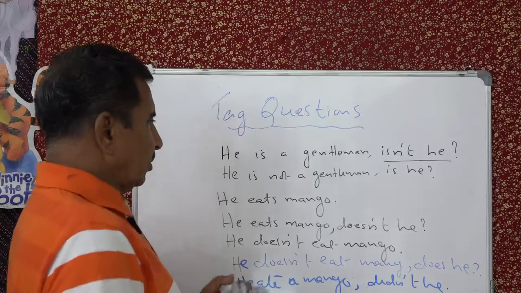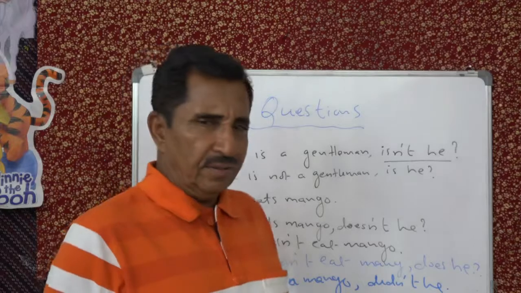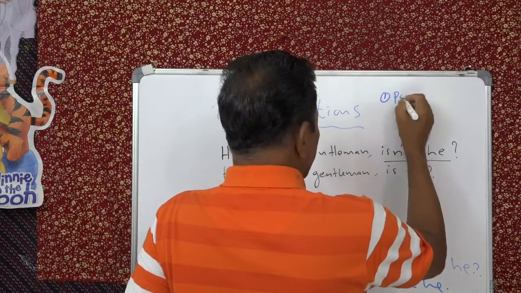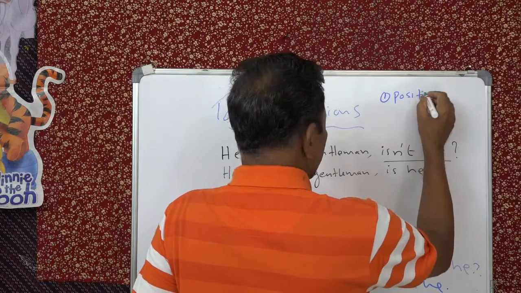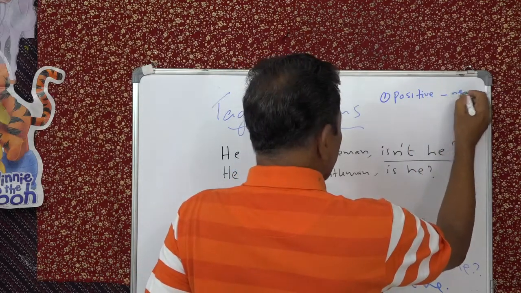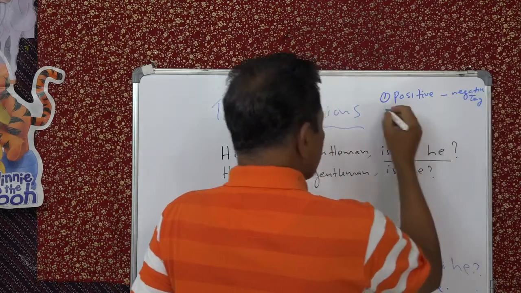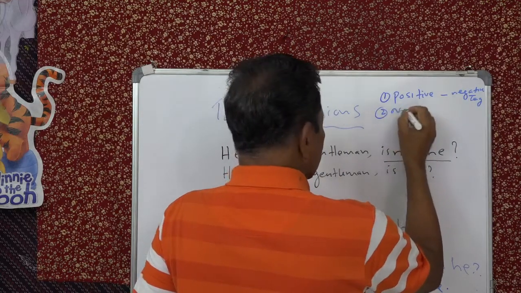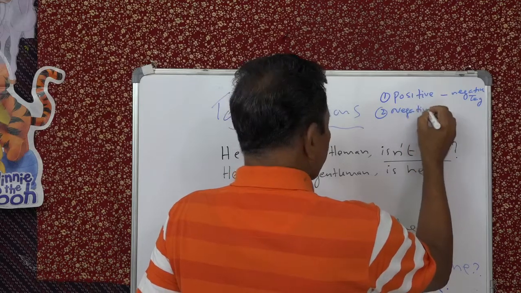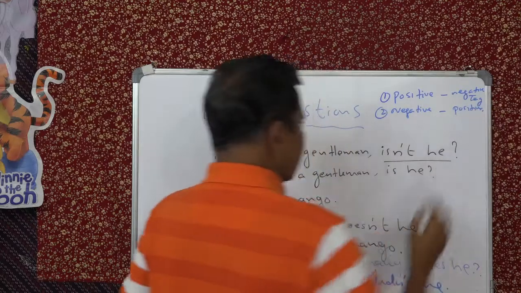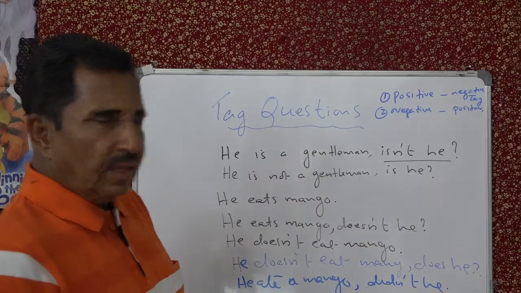Understand? So first point is positive sentence, negative tag. And second is negative sentence, positive tag. Are you writing this down? Yes, very good. That's important.